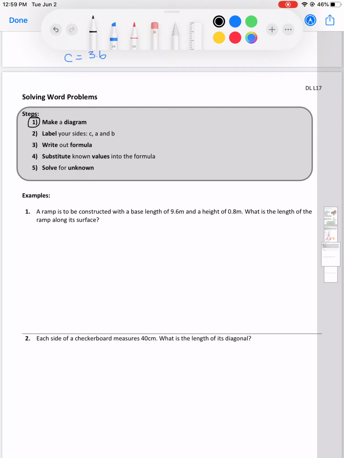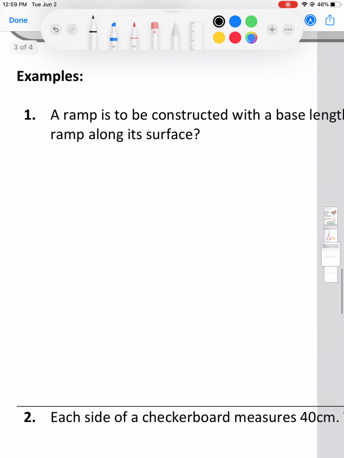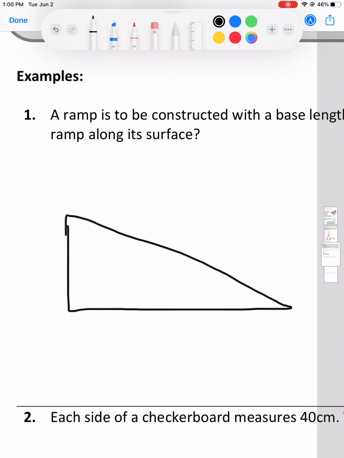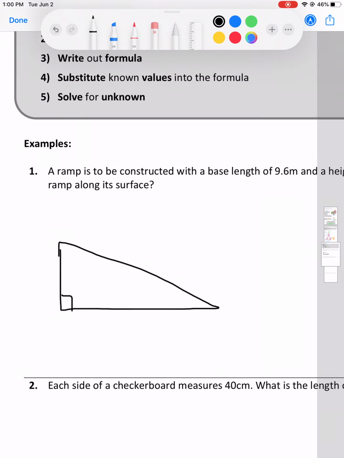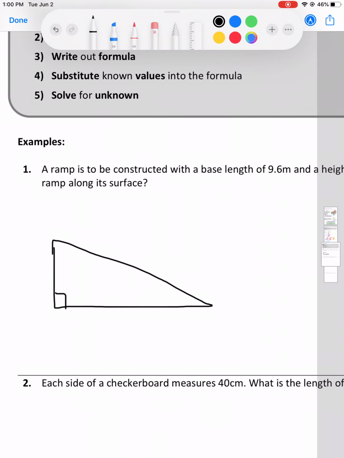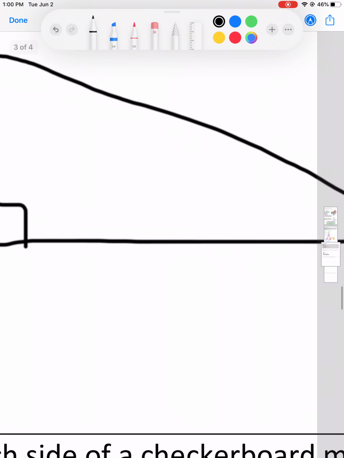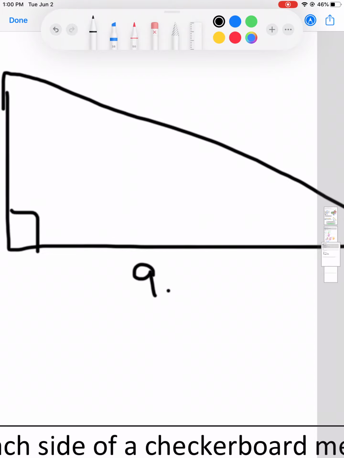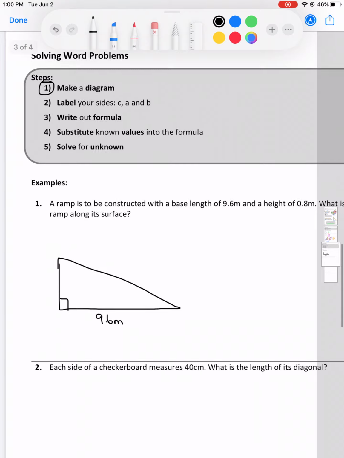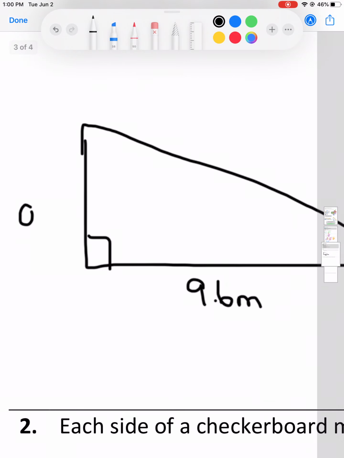We can do this. A ramp is to be constructed with... Okay, so a ramp. A ramp looks like this. And remember, we're dealing with right angle triangles, so I'm going to throw in my right angle triangle with a base length of 9.6 meters and a height of 0.8 meters.